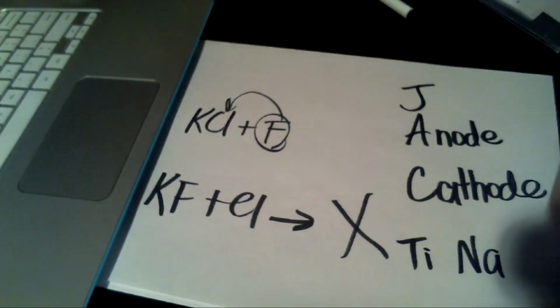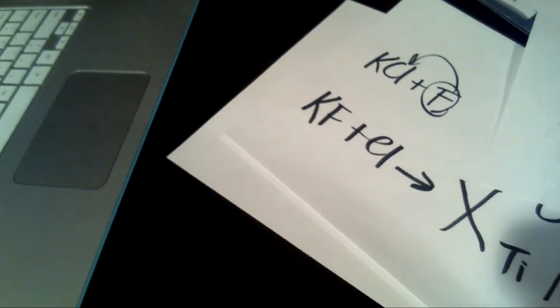Could you write "allows ions to move" for 85? What'd I do with 85?